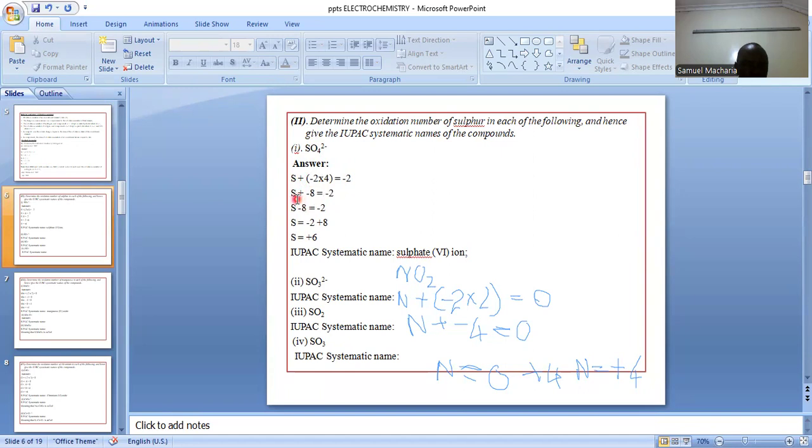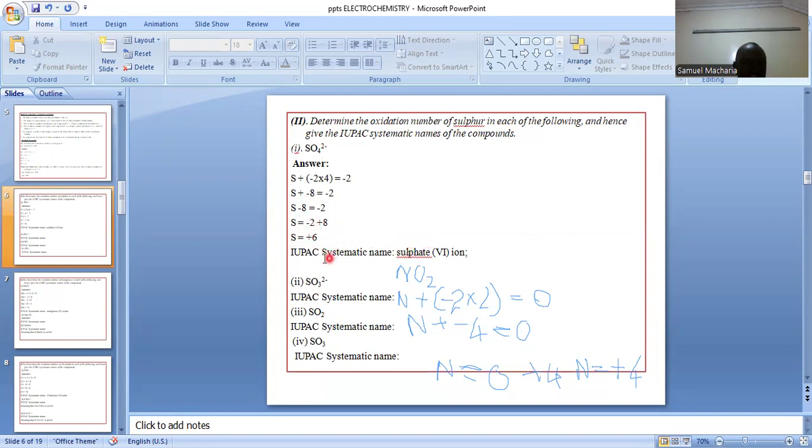So S minus 8 equals -2. And you take -8 to the other side, it becomes added. So when you work out, the oxidation number of sulfur S equals +6.